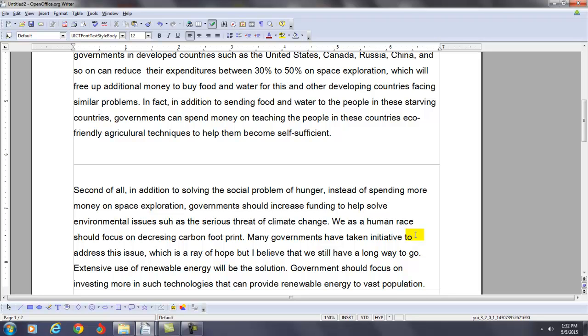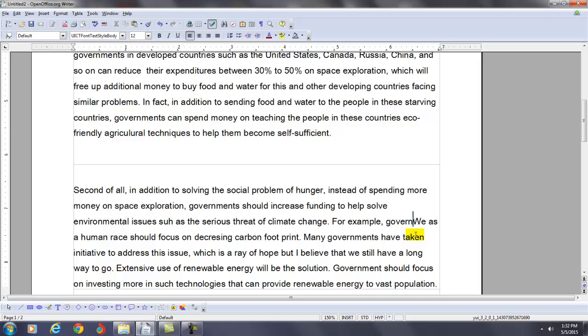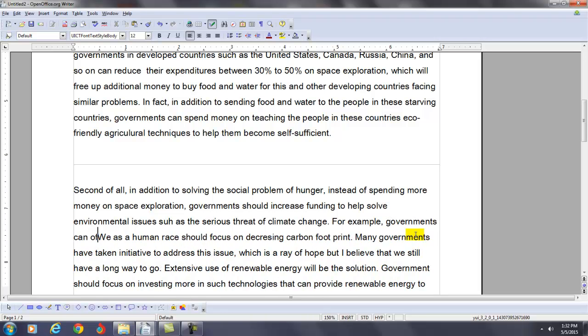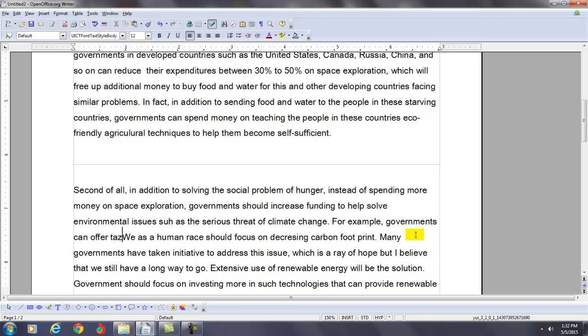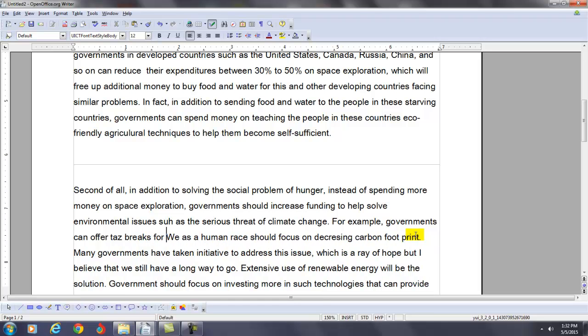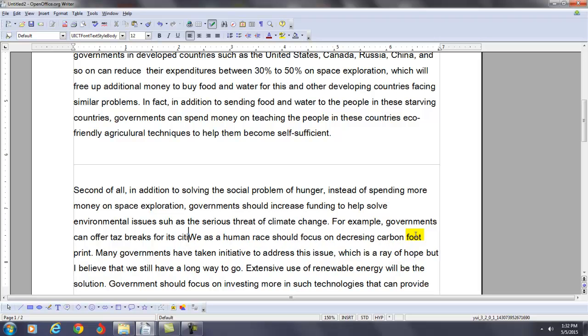This is where you want to go with this. You can say governments can offer maybe tax breaks for its citizens.